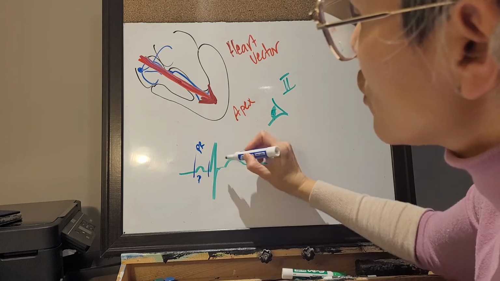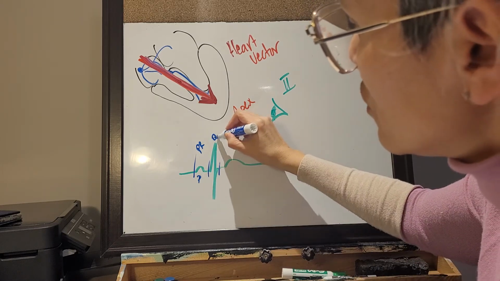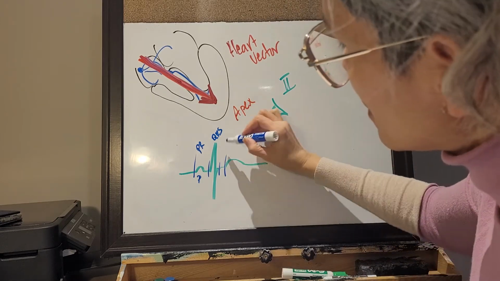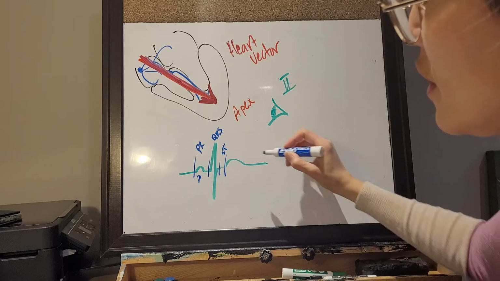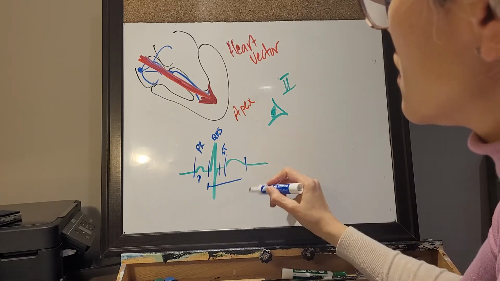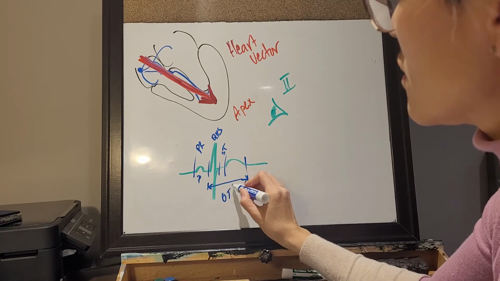And then the beginning of your QRS complex to the J point, or the end of your QRS complex, is the QRS. Then your ST segment is here. And then QT is from here to the end of the T wave, the QT interval.